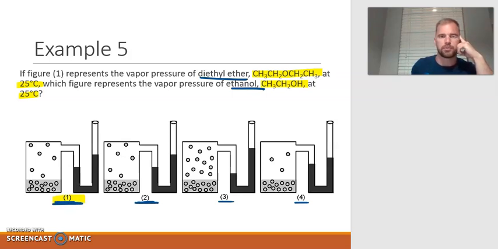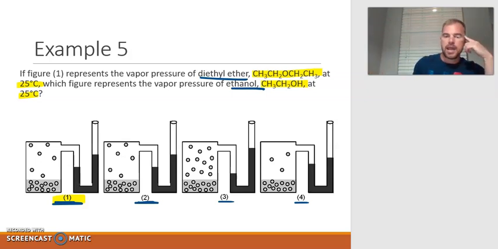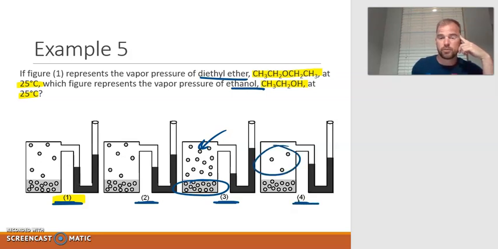So what that would represent is, hey, these two molecules must have the same strength of intermolecular forces, right? That's what that means. In number 3, you can see that there are more particles that were able to escape in the gas phase, which means the intermolecular forces are really weak. And in figure 4, there's very few that were able to escape, which means the intermolecular forces are very strong. So keep that in mind. That's essentially what we're trying to figure out.